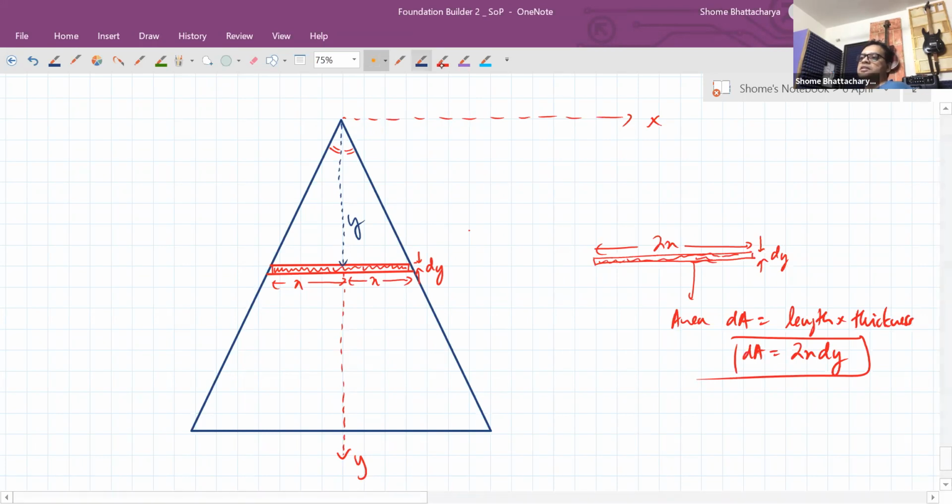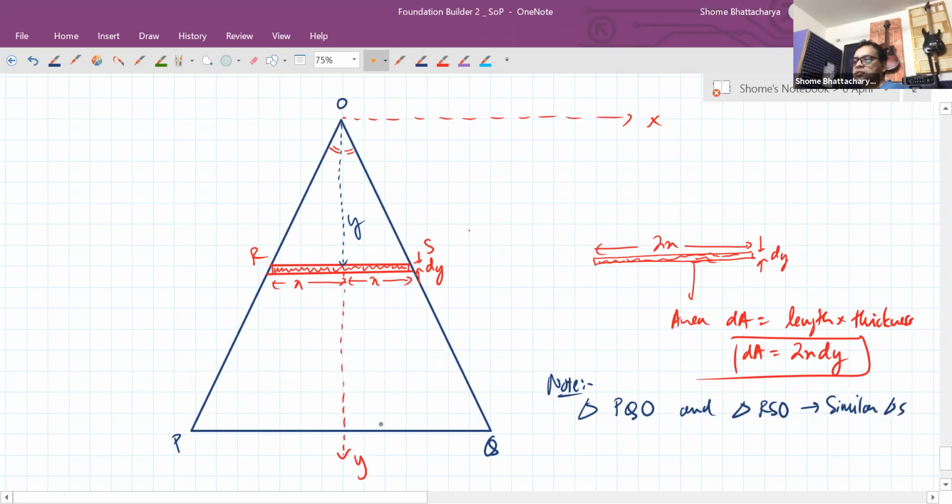Okay. Now the next thing you'll see is very interesting. If you look at these 2 points as, let's say, P and Q, and you also think of these 2 points as R and S. Now you can see that triangle PQO and triangle RSO are similar triangles, right?